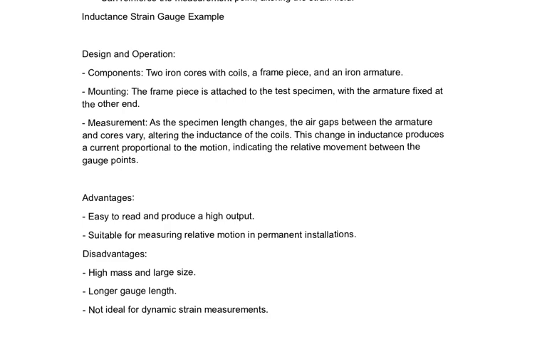The change in inductance produces a current proportional to the motion, indicating the relative movement between the gauge points. Advantages: easy to read, produces high output, and suitable for measuring relative motion in permanent installation. Disadvantages: it has high mass, large size, and longer gauge length, not ideal for dynamic measurement.